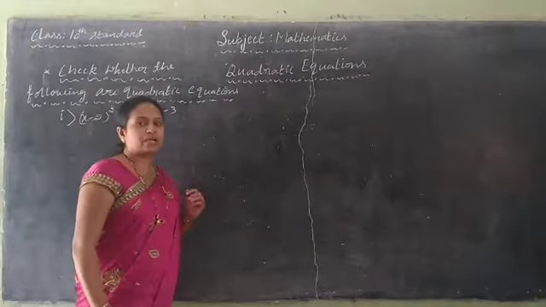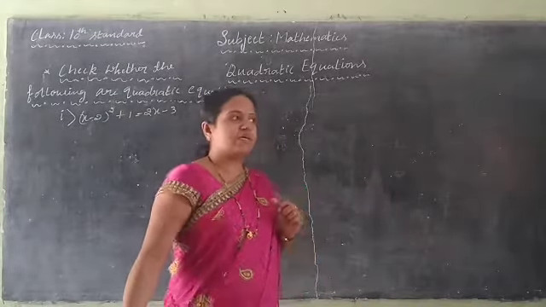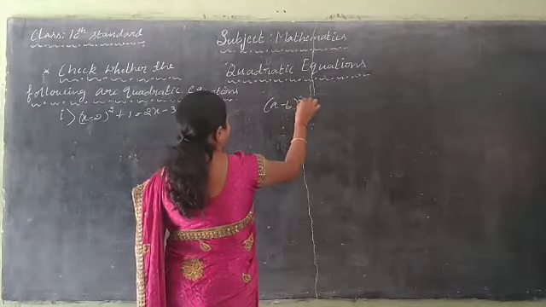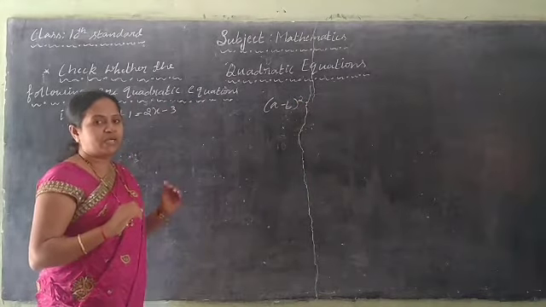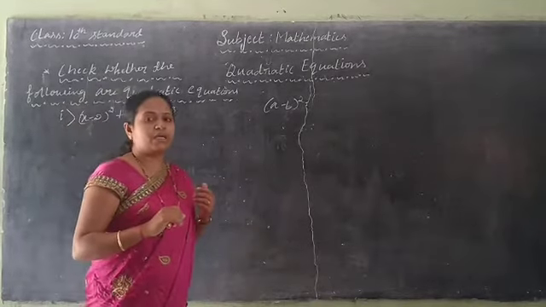x minus 2 whole square is in the form of one identity, that is a minus b whole square. What is the expansion of a minus b whole square, children? The conditional identities which you have studied in your 9th class, children. There are 12 to 14 conditional identities.